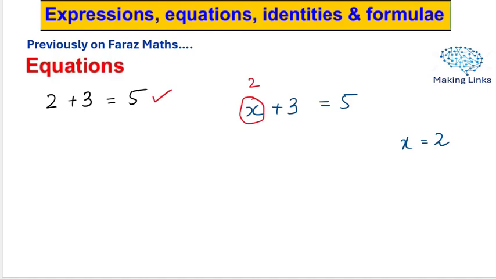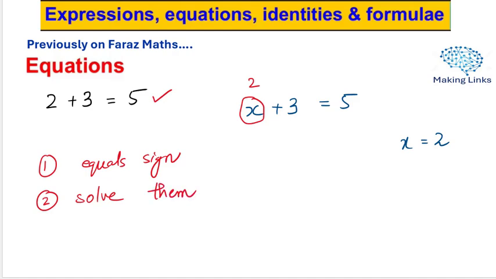So here is the first point, that an equation has an equals sign. And the second thing we have to learn is that you can solve them. Solve them means find the unknown.